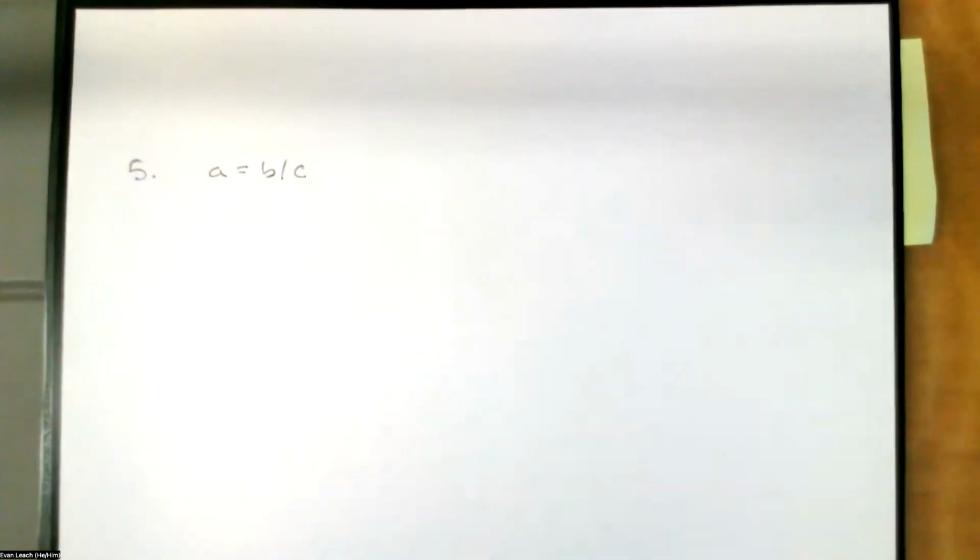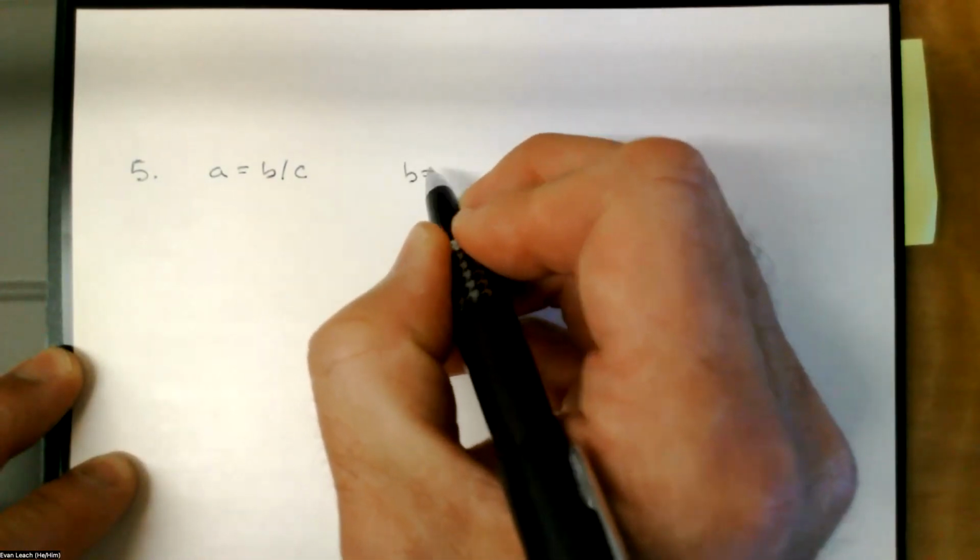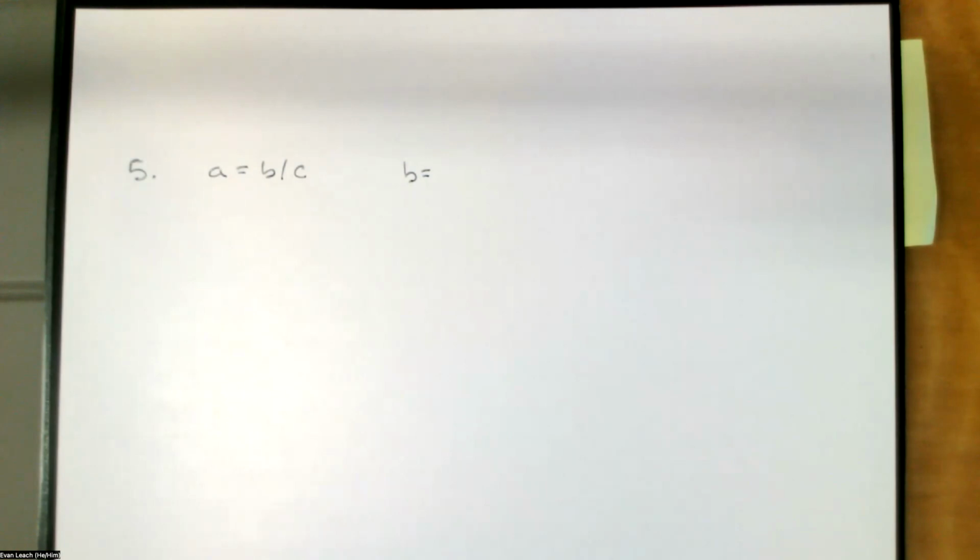So the other, number 5, we've got this generic problem. I've said that A is equal to B divided by C, and I want you to write down what is B and what is C. So if A is B divided by C, what is B equal to? Now B is being divided by C, so how do I undo divided by C?